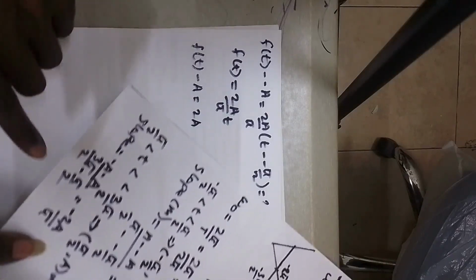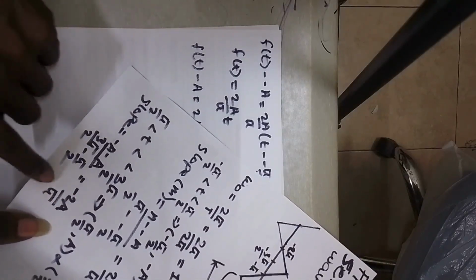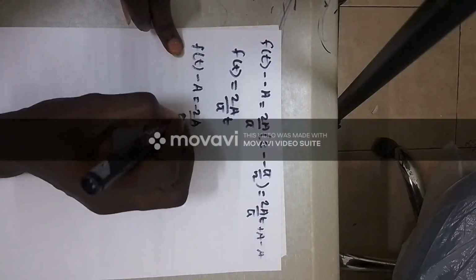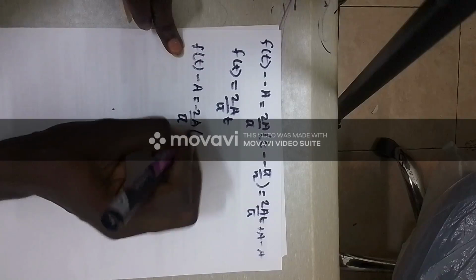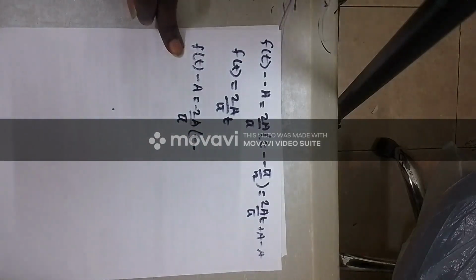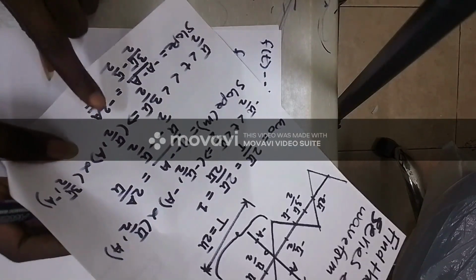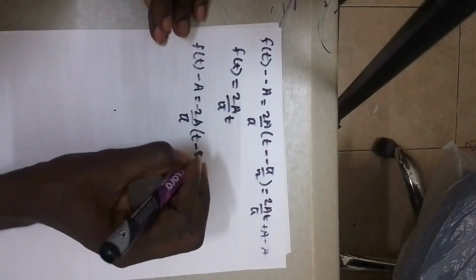So the slope I got here is minus 2a on pi. So minus 2a on pi into t minus the x component. What is the x component here? The x component here is pi on 2.